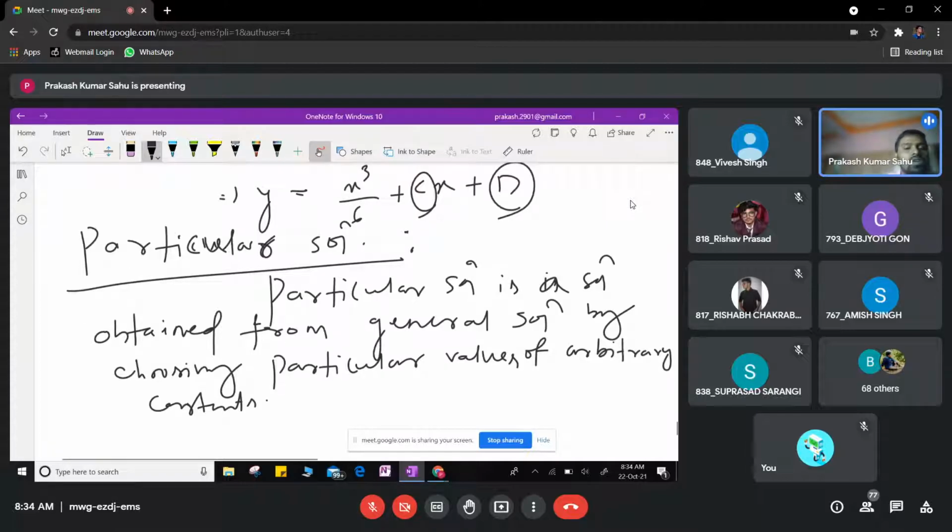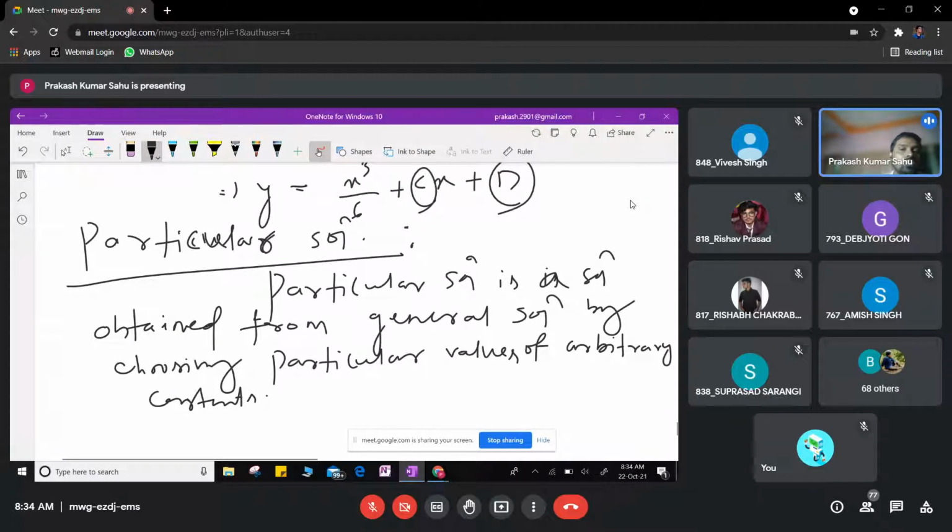Understood my point? What is a particular solution? So the general solution has arbitrary constants. If you put particular values in those arbitrary constants, you will get a particular solution.